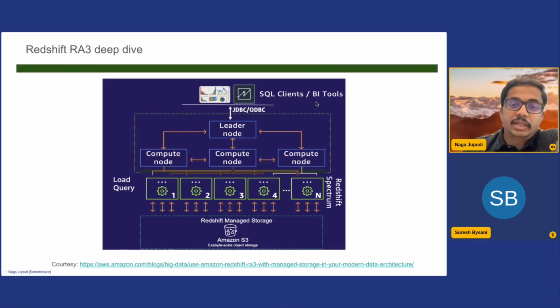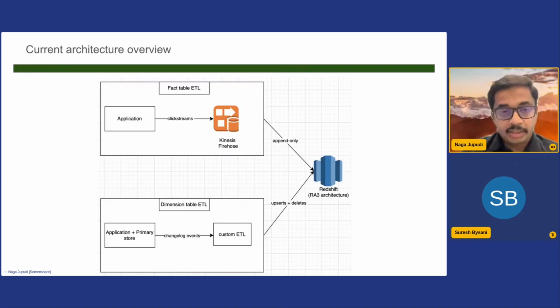Whenever a SQL client makes a SQL query, the leader node receives the query, compiles the query into a binary, sends it to all the compute nodes, where compute nodes get all the data from the S3 and cache it in the local storage of those compute nodes as required, and does all the computation and then sends back the results to the leader node, which is then propagated back to the SQL clients. Pretty similar to what all these storage and compute separated databases operate on.